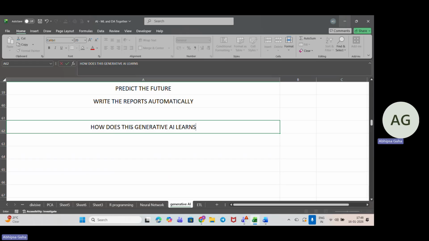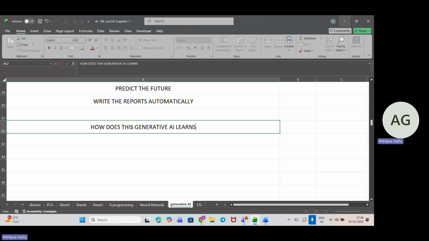It sees a lot of data, it finds the patterns, it remembers them, and it uses them to answer new questions. Suppose it reads hundreds or thousands of sales reports. It learns how humans explain data and how the data is moving forward. So it copies the style, not the exact text, not the exact data. It just copies the style as humans do.